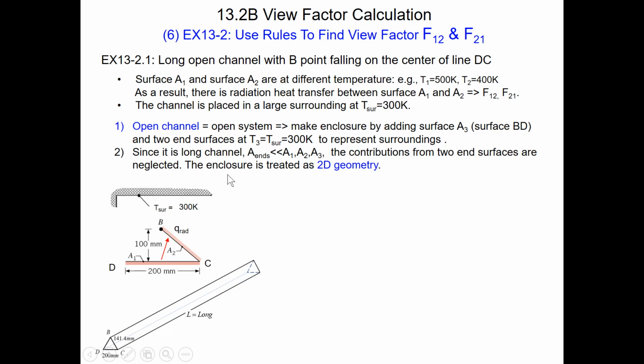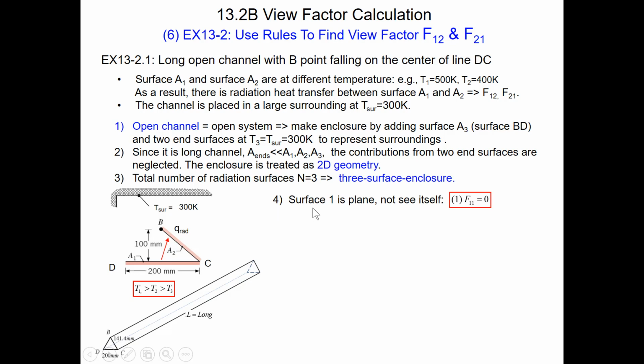As a result, the enclosure is treated as a 2D geometry. We only care about radiation heat exchange between these 3 side surfaces, A1, A2, and A3. Step 3, since the 3 surfaces each have their own temperature, the total number of radiation surfaces N is 3.